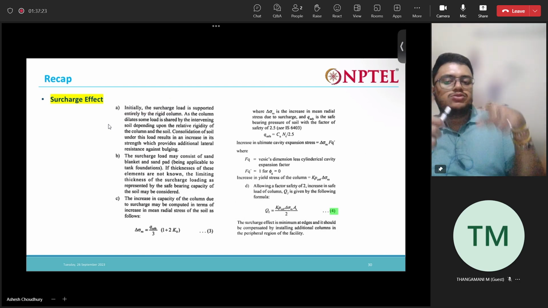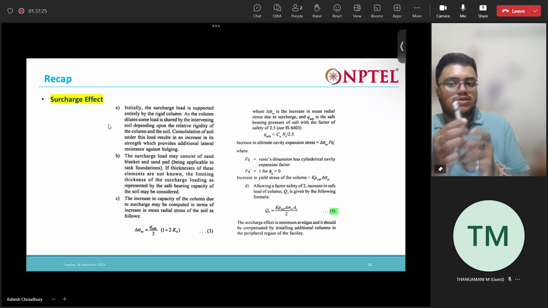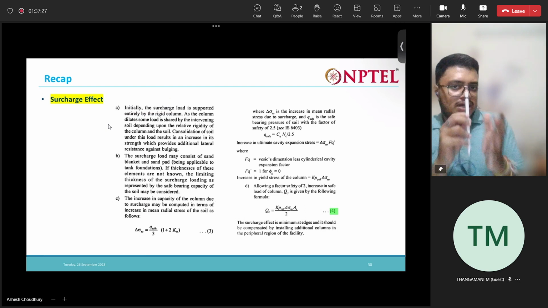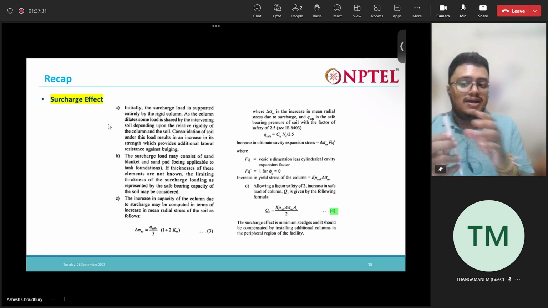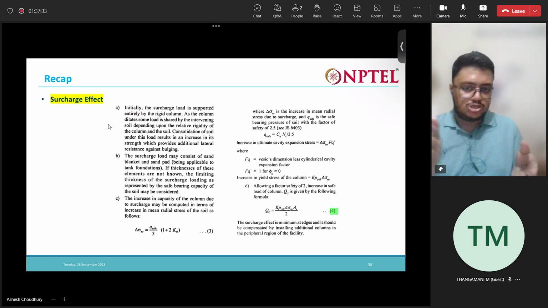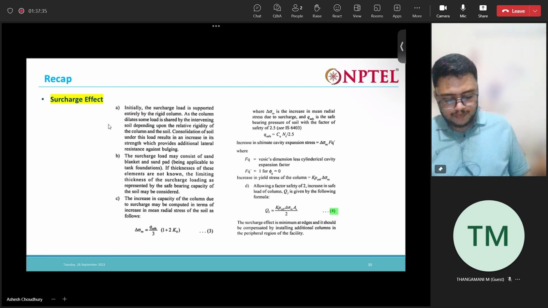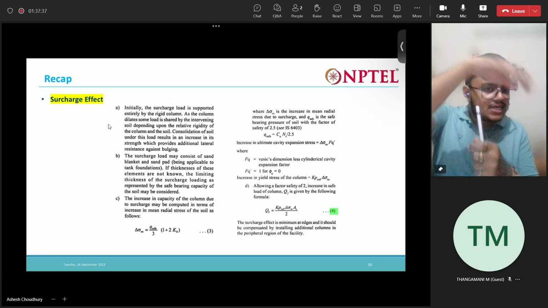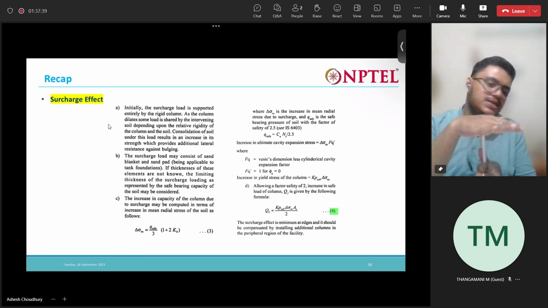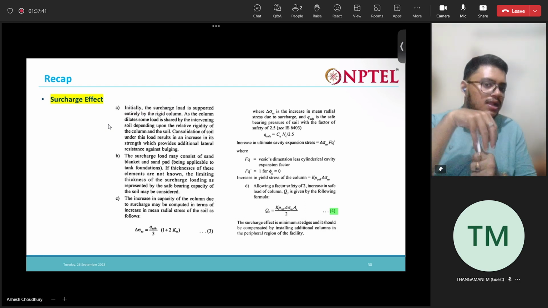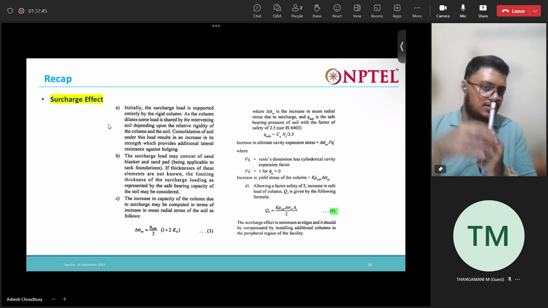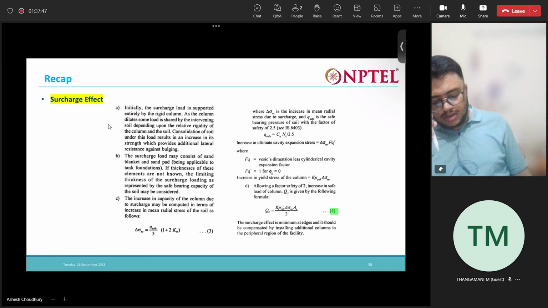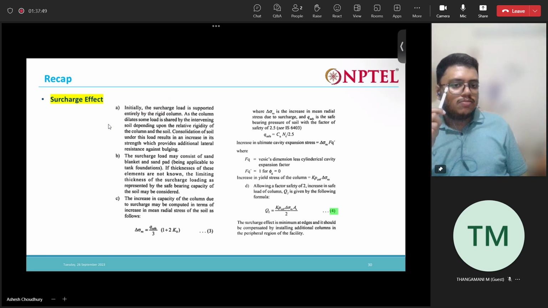This transfer depends upon the relative rigidity of the column and the soil, that is, how much more rigid the column is, or how much less rigid the soil is. So some load gets transferred to the surrounding soil. Initially the column takes the load immediately. Then, with the dilation of the column, some load is transferred to the surrounding soil.